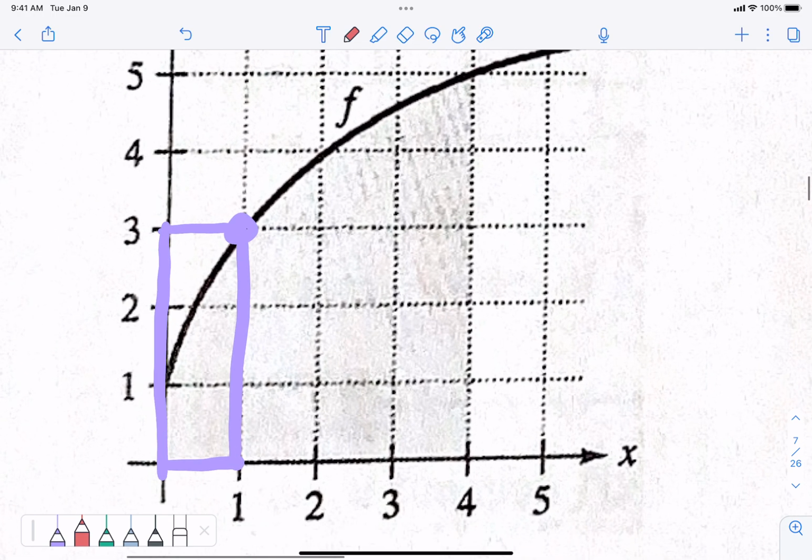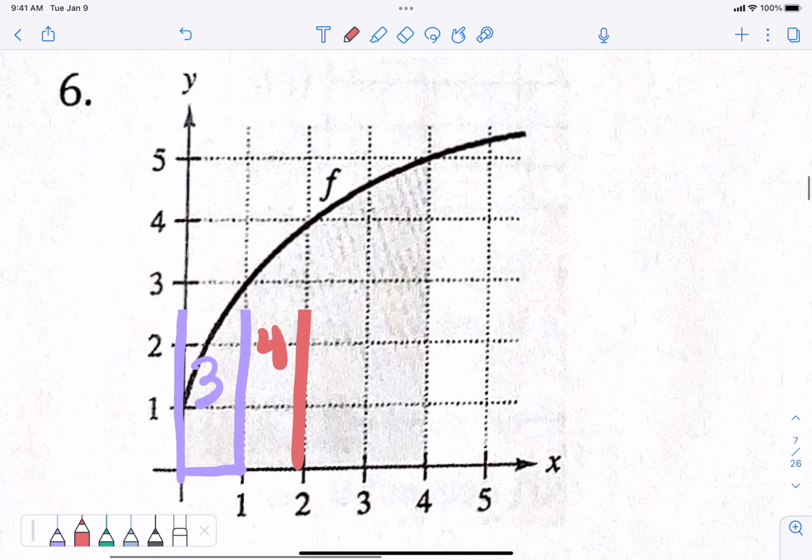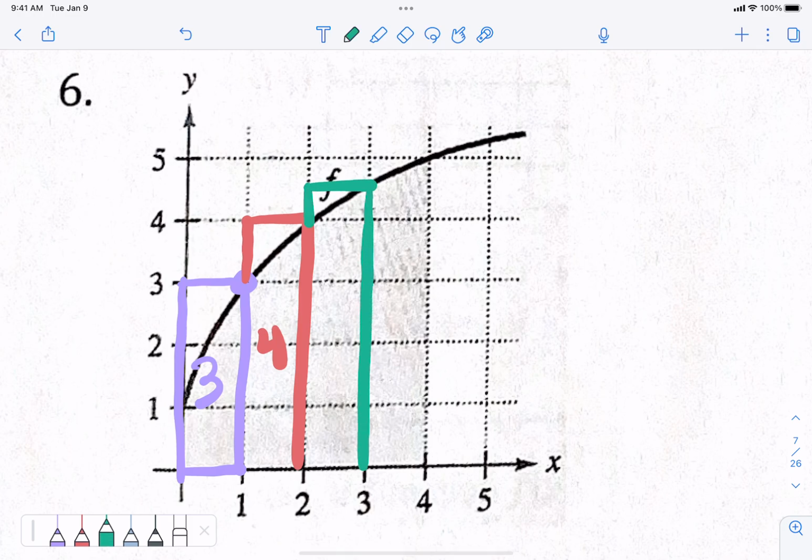The second one is going to be 4 units tall. So this one has an area of 3, and this one has an area of 4, only because each one is 1 unit wide, so the base is 1. The third rectangle, how tall is it going to be? 4.5. And the last rectangle is 5, you said.